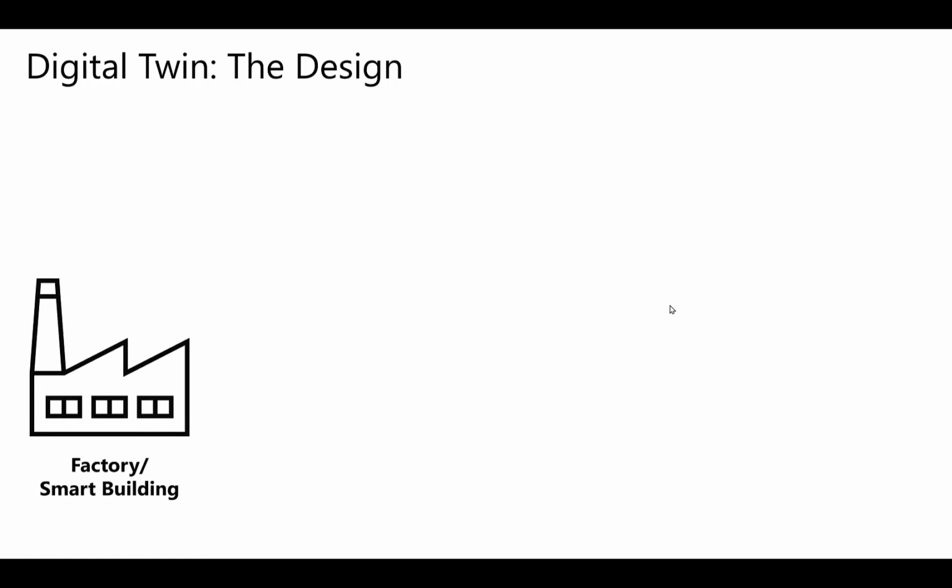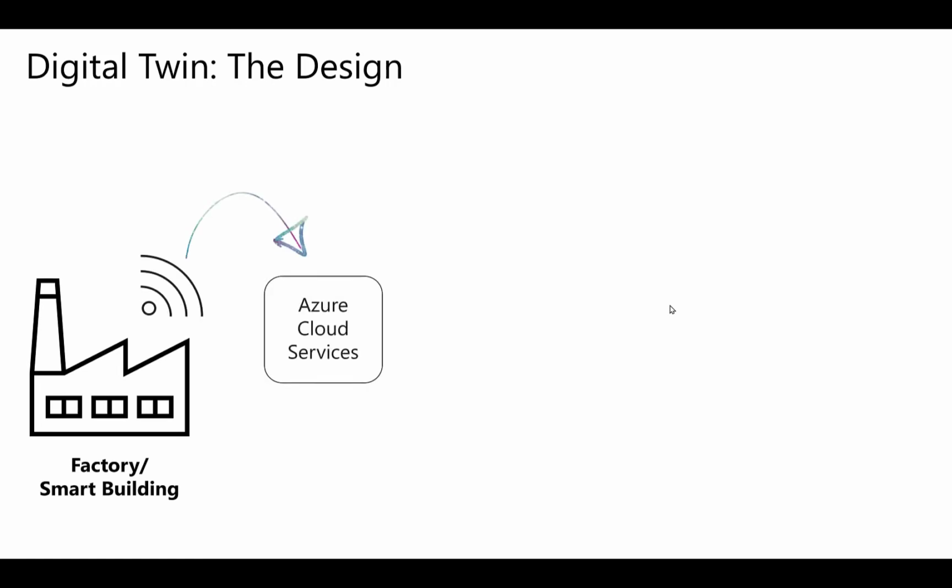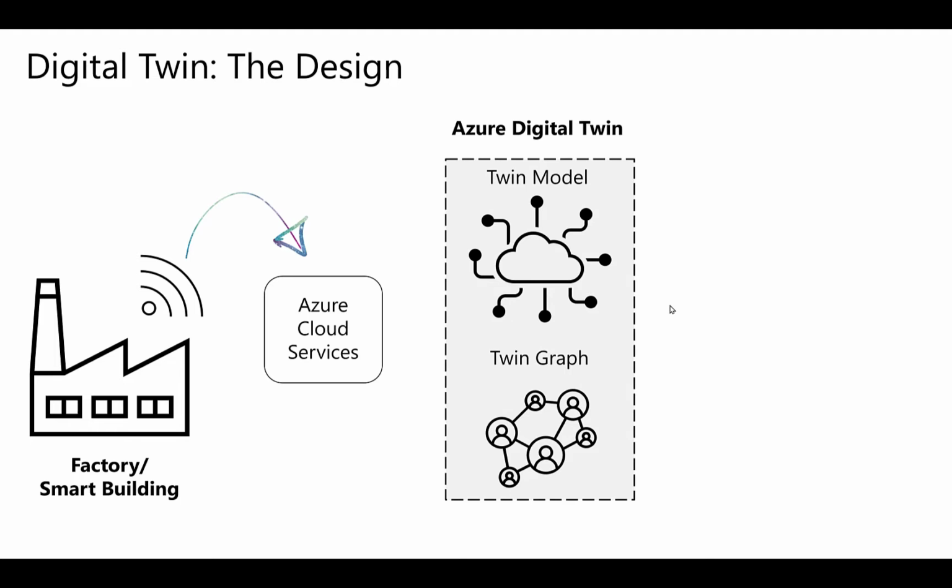As you see on the screen right now, on the left hand side is the factory smart twin representation. And typically in a factory setup, you would definitely have data producers, either IoT or OT or IT systems. Each of them is pushed to Azure Cloud Services. That's number one. And data eventually has to be represented in a twin. So here are the two aspects, a twin model and a twin graph.